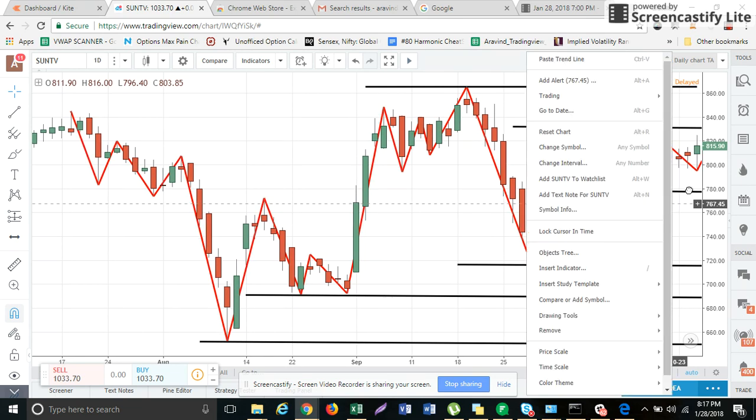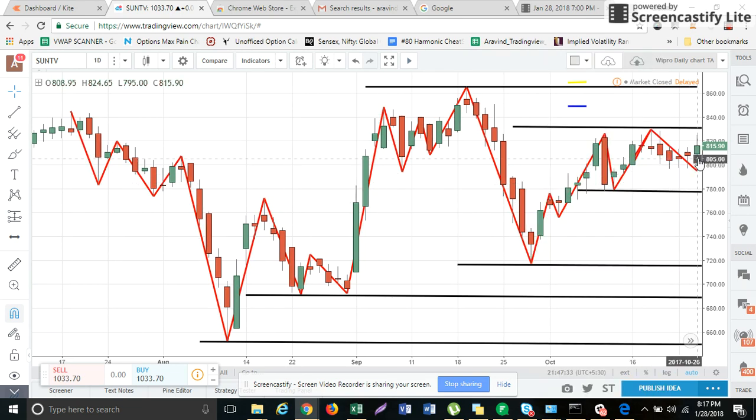On the next day, you can see a green candle formed, but still it didn't break our previous swing high. So we will wait. We'll only enter as soon as it breaks 829.65 levels. So that will be our entry trade. As soon as it breaks this, we will enter the trade.